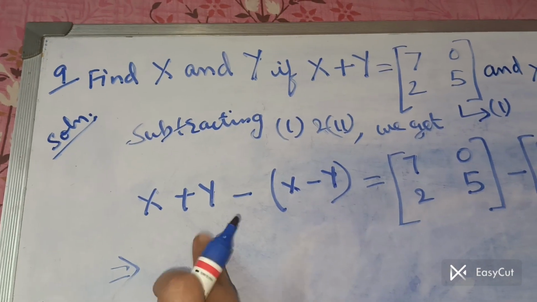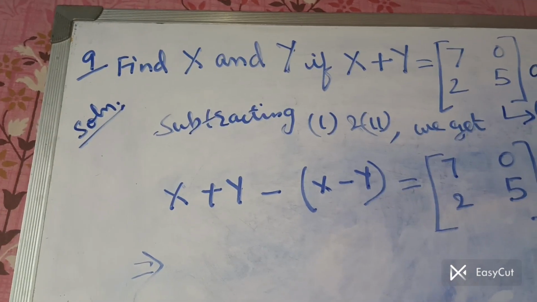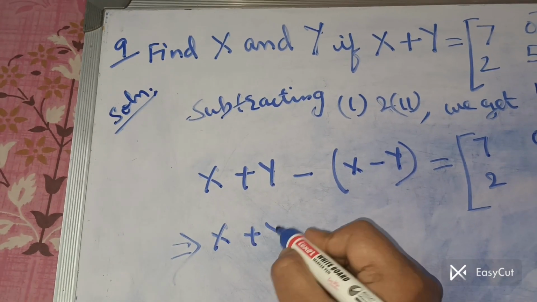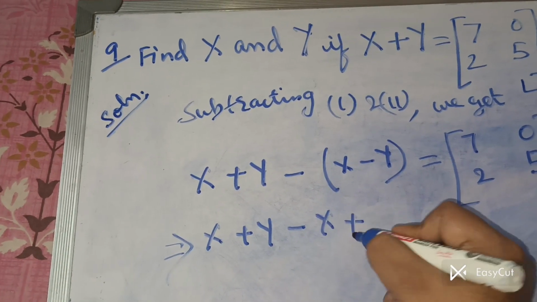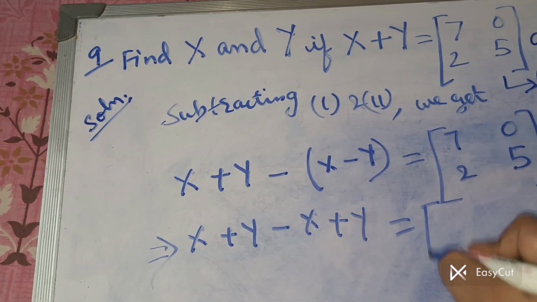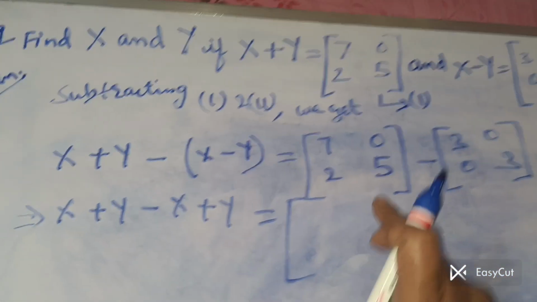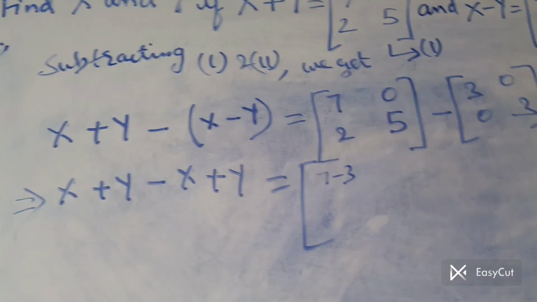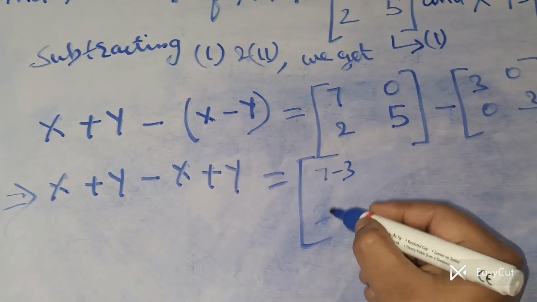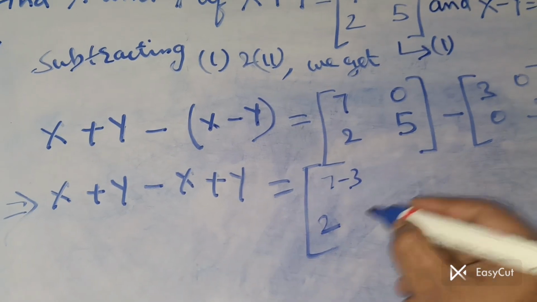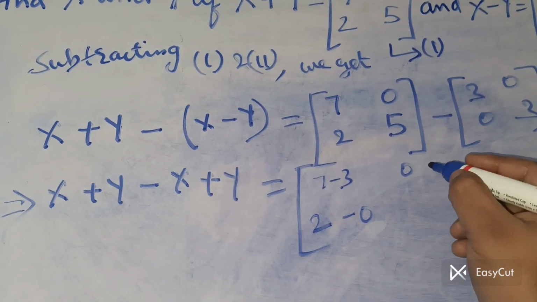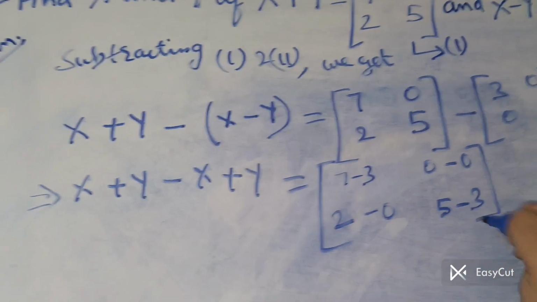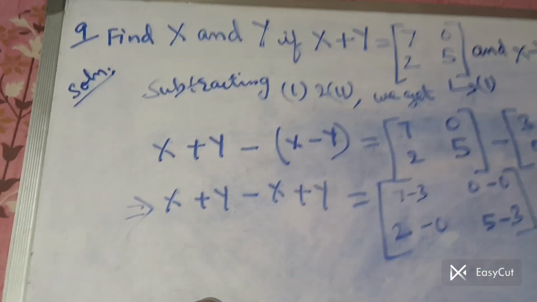So what do we get on the left hand side? We see that x plus y minus x plus y equals, here what do we find? 7 minus 3, 0 minus 0, 2 minus 0 and 5 minus 3, right?